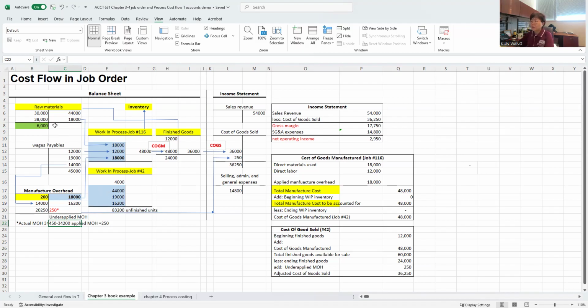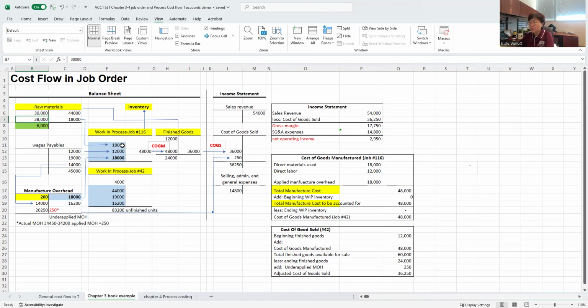So follow the general flow we have from the prior worksheet. You can see for this company the raw material, you can match these numbers with the book illustration: beginning, newly purchased, and the direct material used for both of the jobs.